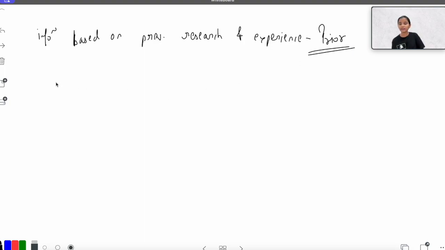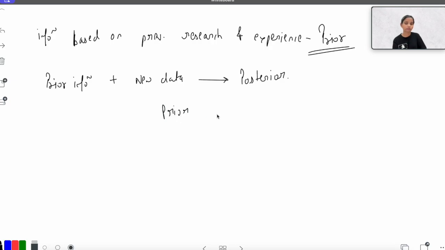By using this prior information and the new data that we are collecting, we update our information, and that is said to be the posterior. So we will have a prior, we'll collect some data corresponding to it, and we'll update our prior to a posterior.